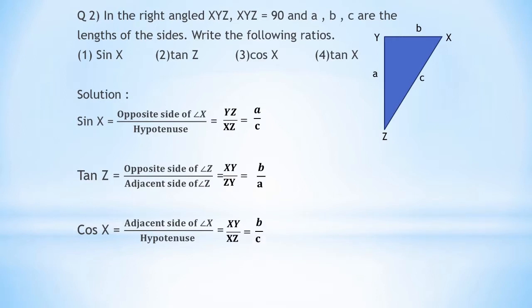So the value of XY upon XZ is B upon C. And the last sum is tan X. The formula for tan X is opposite side of angle X upon adjacent side of angle X, which is ZY upon XY, which is equal to A upon B. So these were the two sums based on the things which we have studied, that is opposite side, hypotenuse side and adjacent side, and sine ratio, cos ratio and tan ratio.